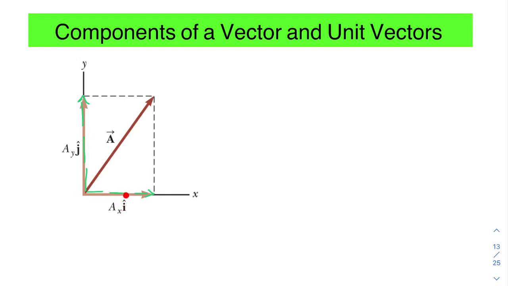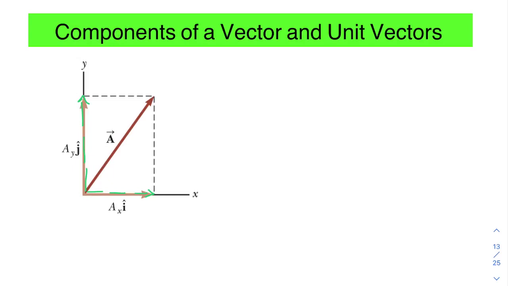Why does this have a hat like this? This kind of hat we call a circumflex, or you can simply call it a hat. It represents a unit vector. So the product of Ax i-hat and Ay j-hat will produce the A here, the solid A here.